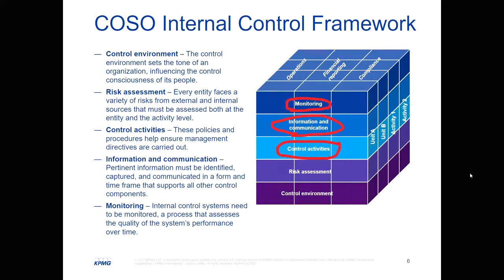And there would even be an element in the control environment in the sense of IT governance, right? That could also be part of the control environment in terms of, is there a CIO? Does the CIO report to the CEO? Is it a separate C-suite, right? Those kinds of things could also be part of the control environment.